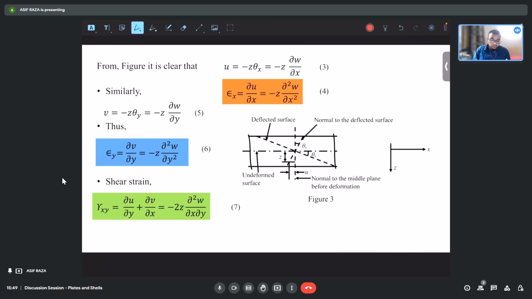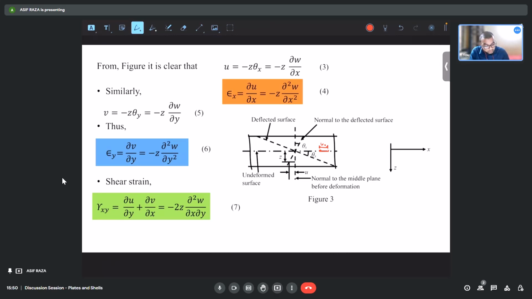But when the in-plane load is taken into account, it might be possible that the points in the neutral plane might get displaced to some point, which can be taken as u naught.